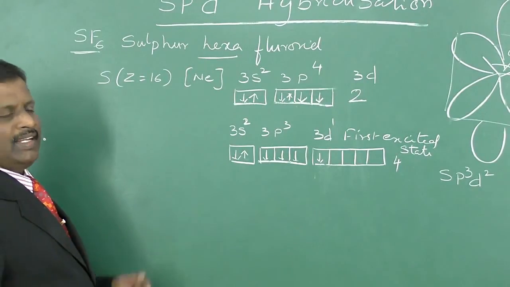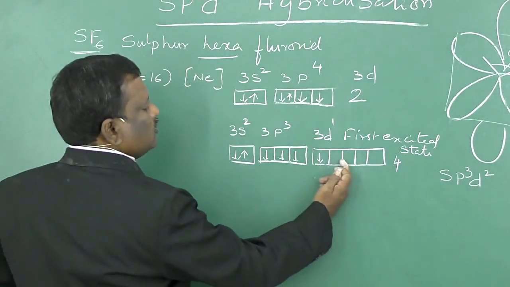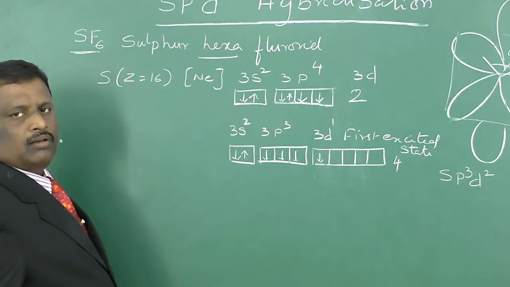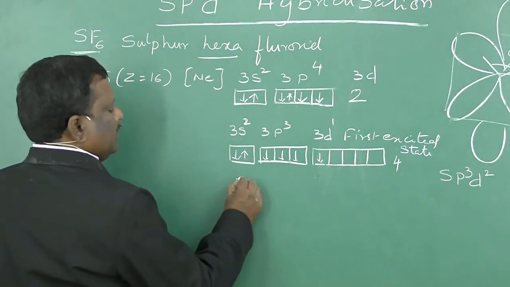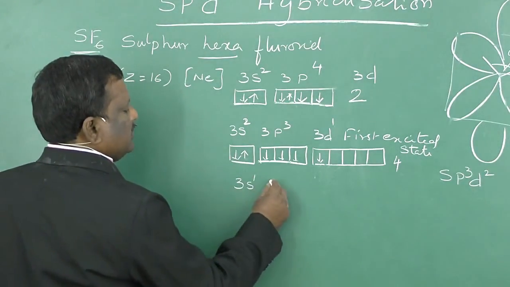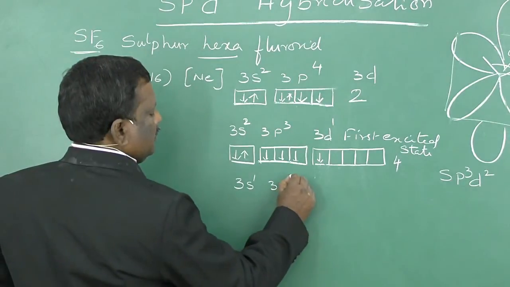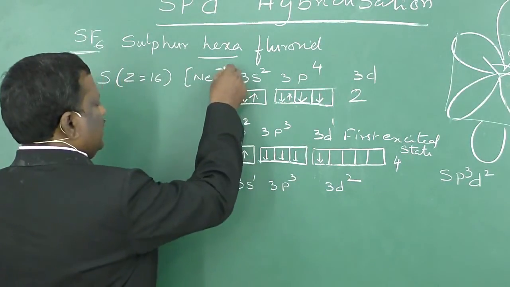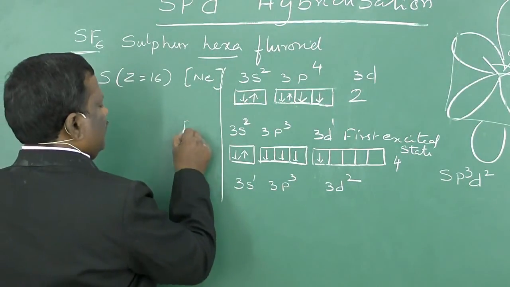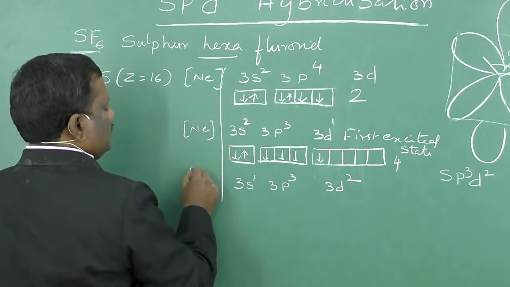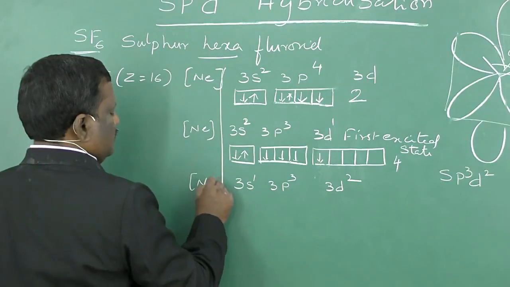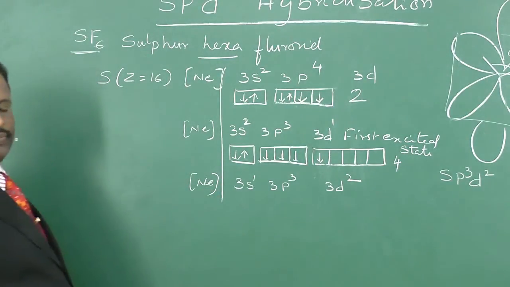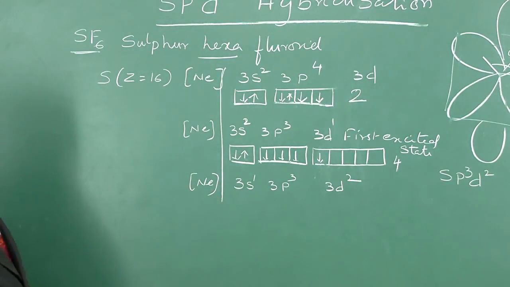In the second excited state, an s electron will also enter the 3d orbital. So the electronic configuration of sulfur is 3s1, 3p3, 3d2. There is no change in the inner electrons; in all cases it will have the same neon configuration. Don't get confused, only the valence electronic configuration will change.